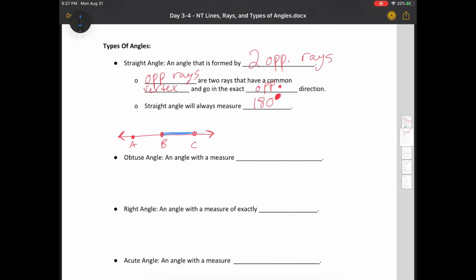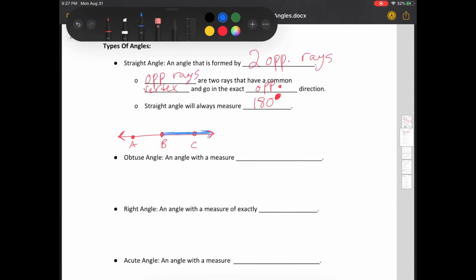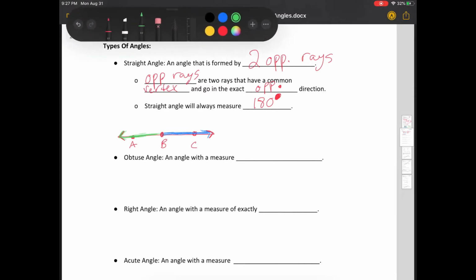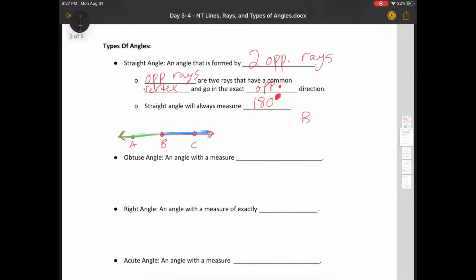Here's my ray BC, and then I also have my ray BA. So let's go ahead and label that. So this angle, or straight angle, is formed by rays BA and ray BC. Okay?